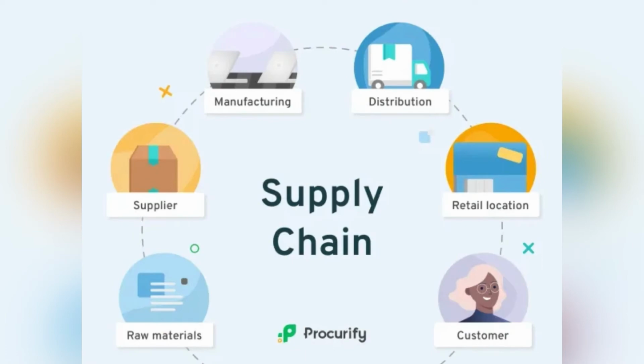So for example, the customer makes an order at the store, and the store will search for its supplier, for example, raw materials and other related materials.